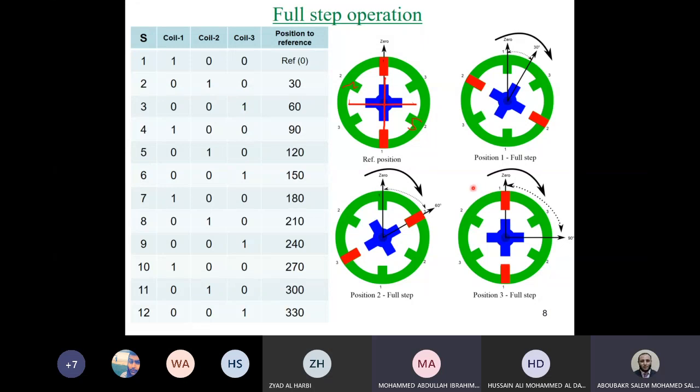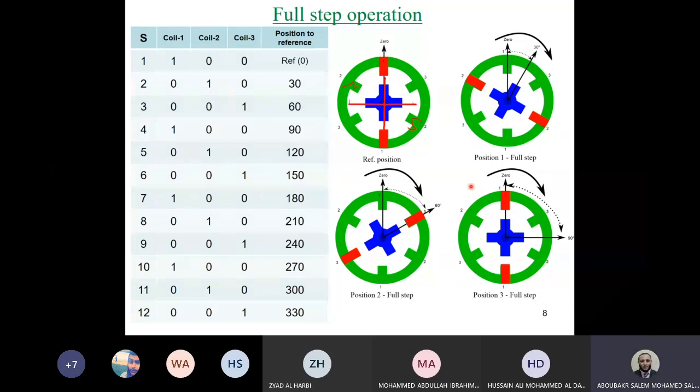Yes. But I have one question. If we didn't energize the next coil, the machine will stop instantaneously? Exactly. Not instantaneously. Again, this is a very important question. Based on our discussion in the beginning, we said that the operation of this motor is based on being in standstill.